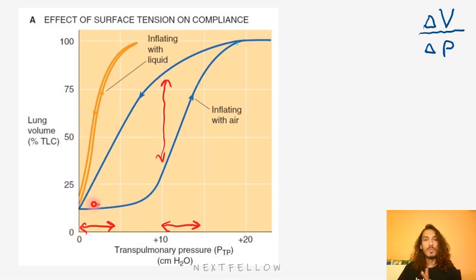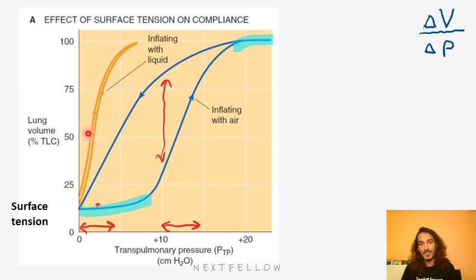Okay, so there's your normal slope, but at 2 points it's kind of slowed down: this point and this point. This first slowing is because of the presence of surface tension. When the volume is less and there's an air fluid interface, it tends to collapse, so you need more force to actually open it up. That is why at that point the compliance is low.